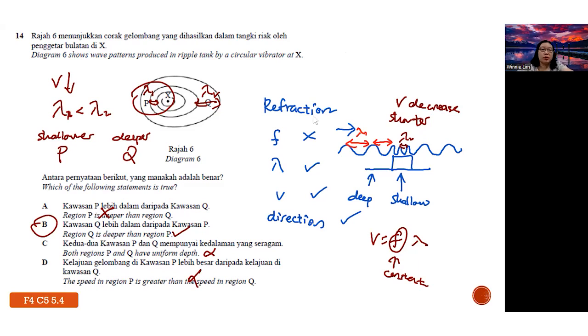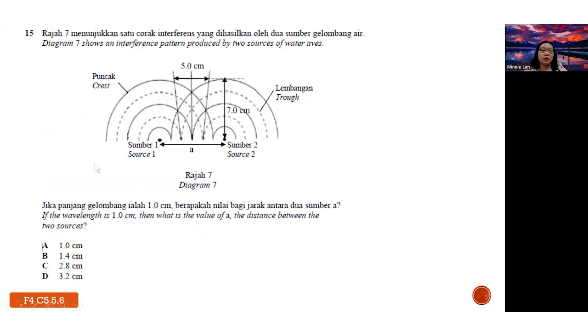Then for question 15. 15 is under the topic 5.6, interference of wave. So it's also a type of phenomenon, but for this one, they involve calculation questions. Diagram 7 shows an interference pattern produced by two sources of water wave.